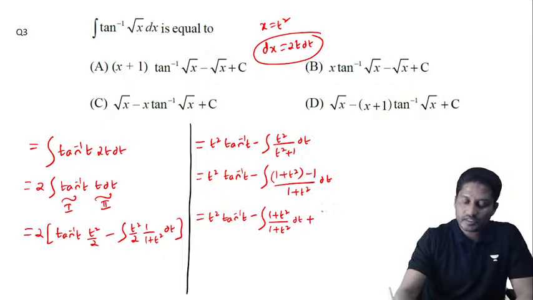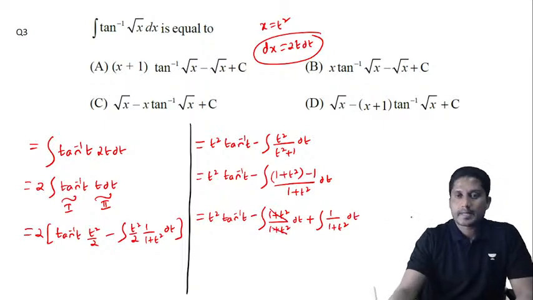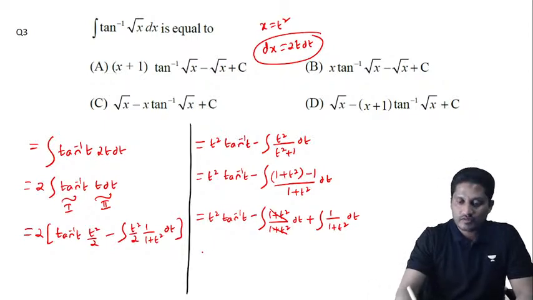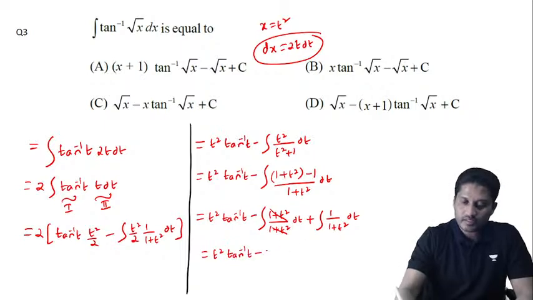This minus and minus is plus 1 divided by 1 plus t square dt. This will cancel. Now this is equal to t square tan inverse of t minus integration of dt, which is t, plus integration of 1 by 1 plus t square, which is tan inverse of t, plus c.